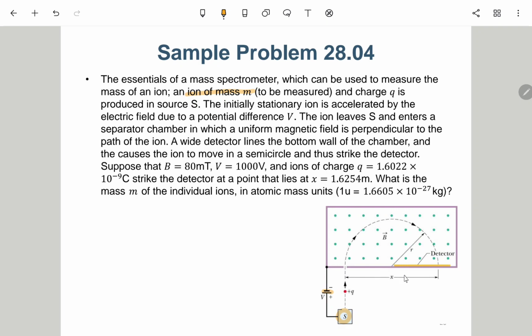Okay, so we know the value of x. What is the mass m of the individual ions in atomic mass units?